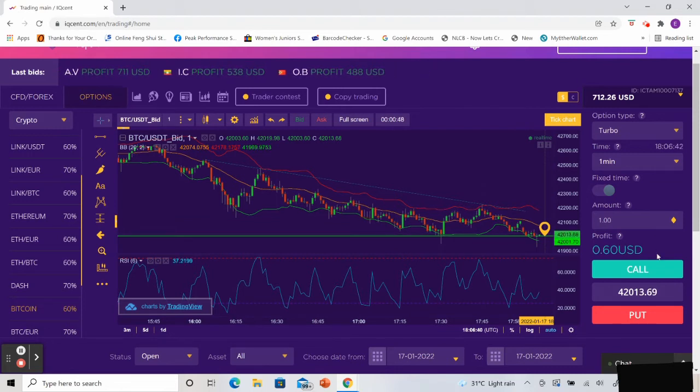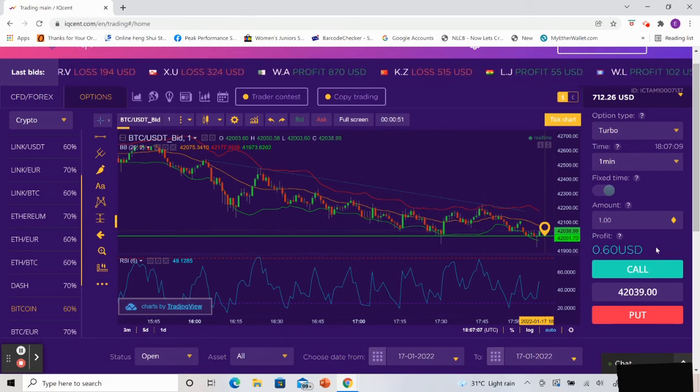Now, of course, if after 60 seconds it does go in your direction, you get back your investment amount and you get 60%. Now, we don't usually recommend doing trades at 60% and under. Any trades that are 70 and above, or any assets that give you the privilege to trade over 70%, those are the ones that we look to analyze and take our trades on.